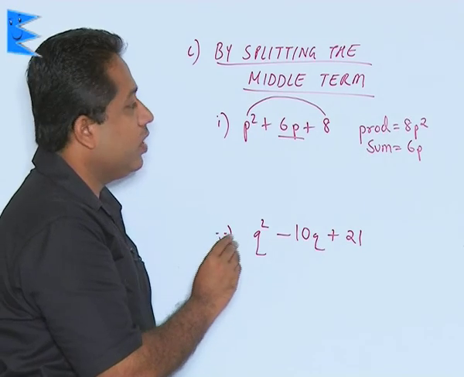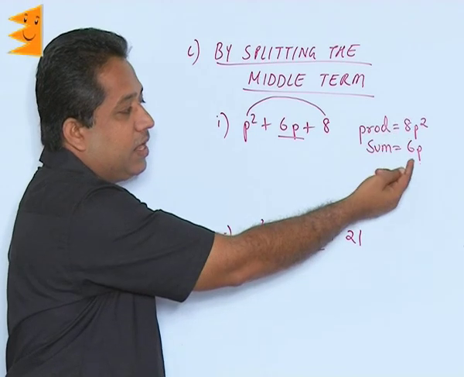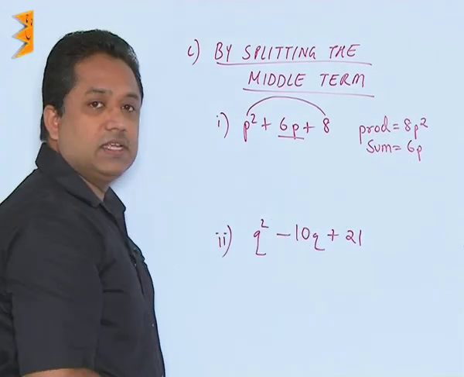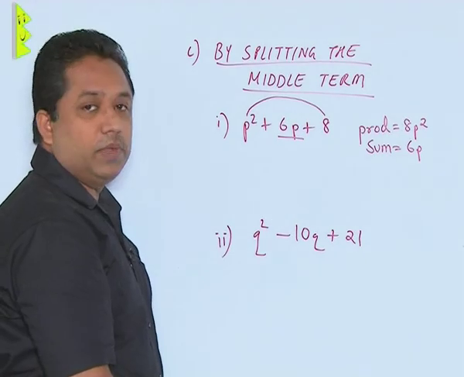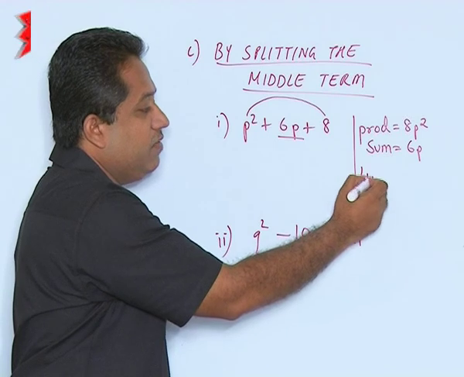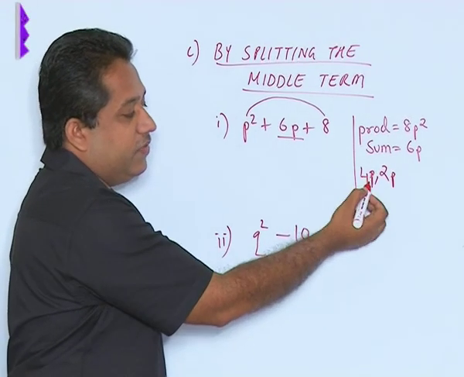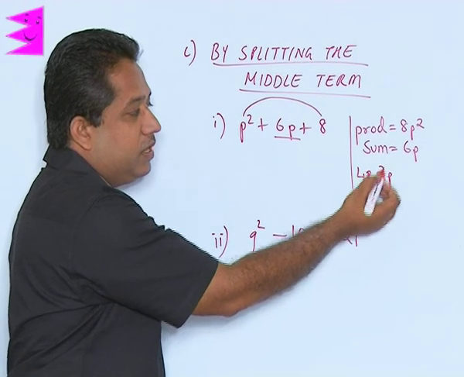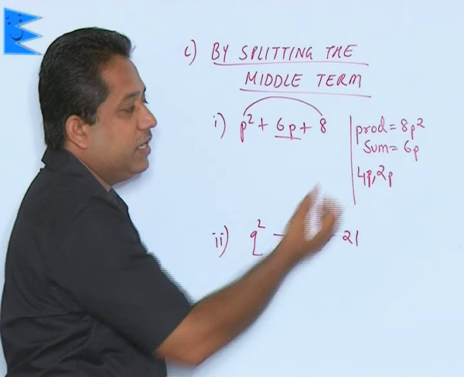Now, if you look at 4 and 2, I can multiply 4 and 2 to get 8, I can add 4 and 2 to get 6. So, which means our factors are 4p and 2p. So, main thing in this question is to get the factors. So, we have got the factors as 4p and 2p. Let us verify this. When we multiply 4p and 2p, we are getting 8p square, and when we are adding 4p and 2p, we are getting 6p.